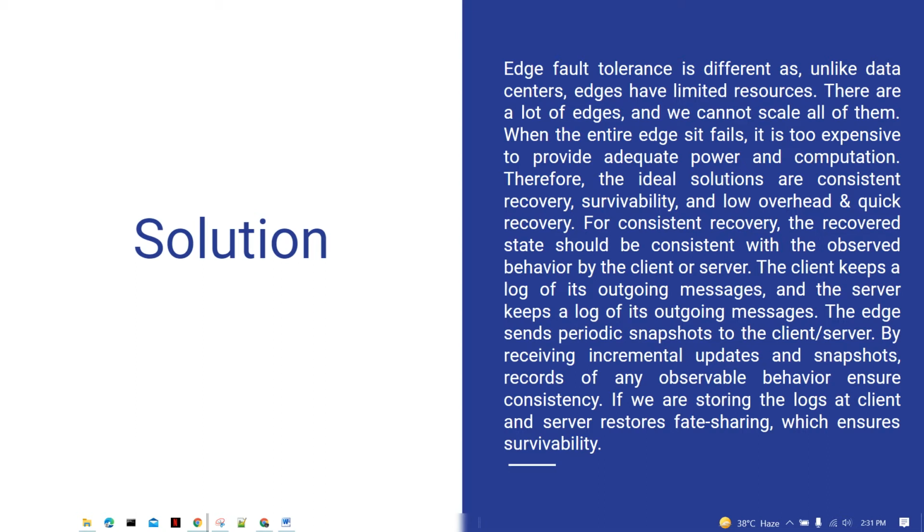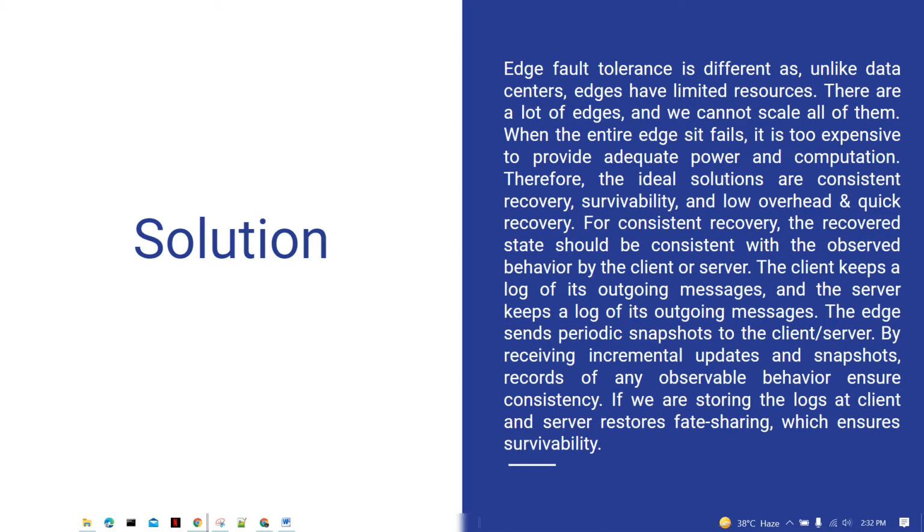For consistent recovery, the recovered state should be consistent with the observed behavior by the client or server. The client keeps a log of all its outgoing messages and the server keeps a log of all of its outgoing messages. The edge sends periodic snapshots to the client or server.